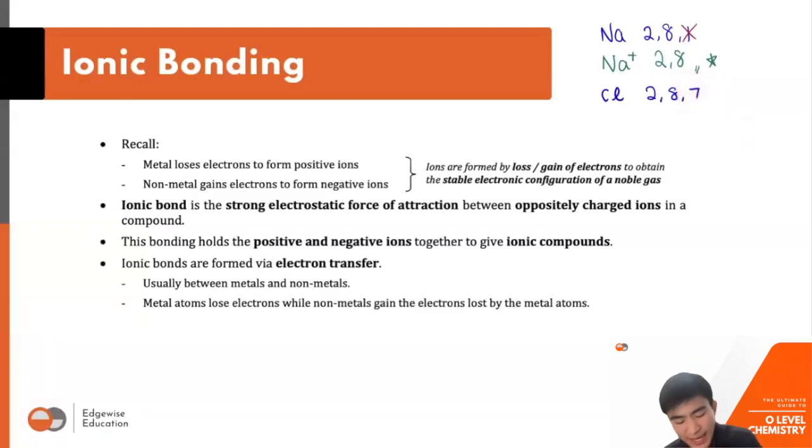So my structure is going to look like this: 2, 8, 8. Many students, when they write this sign over here, is it going to be positive or negative? Many students tell me it's going to be positive, because I gain an electron, I plus electron. But remember, an electron is negative.